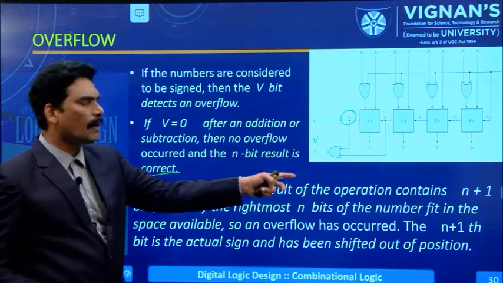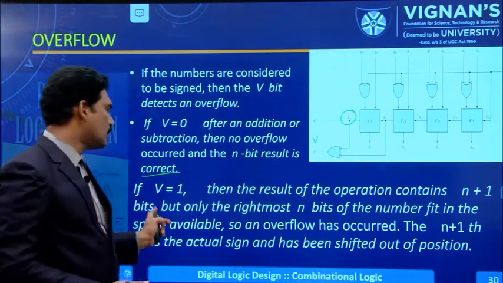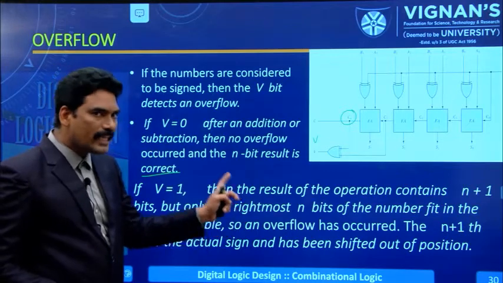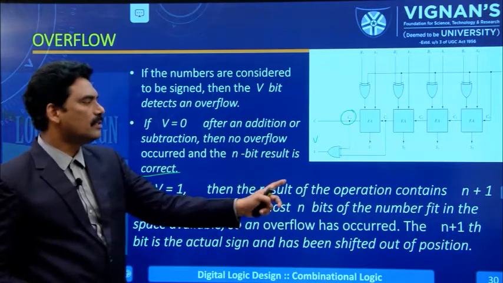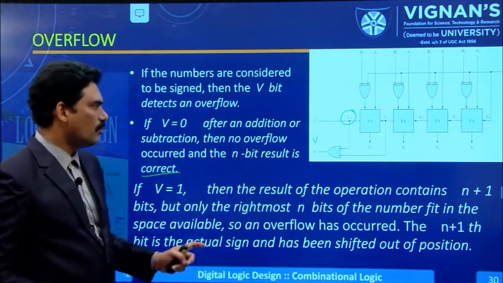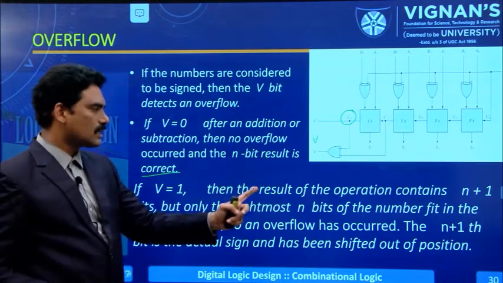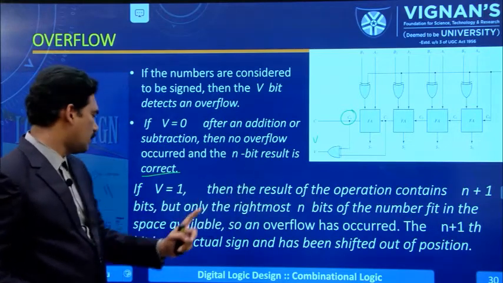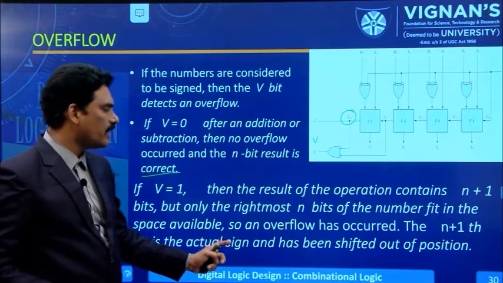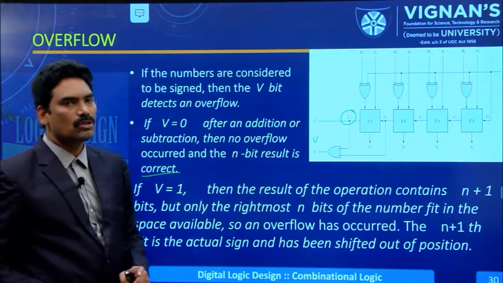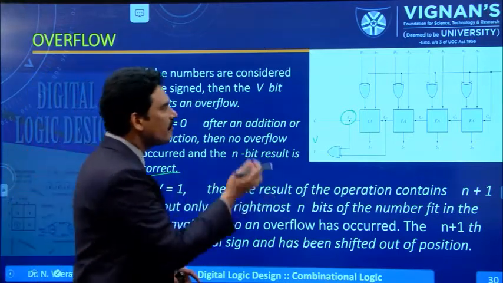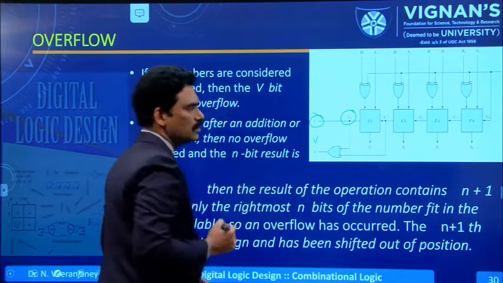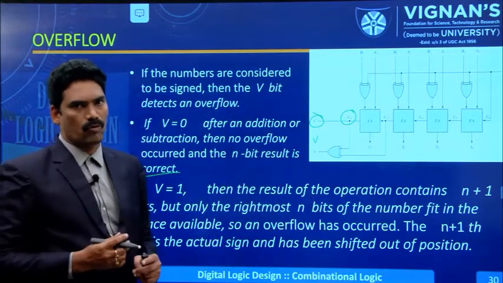Then the result of the operation contains n plus 1 digits, but only the rightmost n bits of the number fit in the space available. So, an overflow has occurred. The n plus 1th bit is the actual sign and has been shifted out of position. So, this is called overflow.